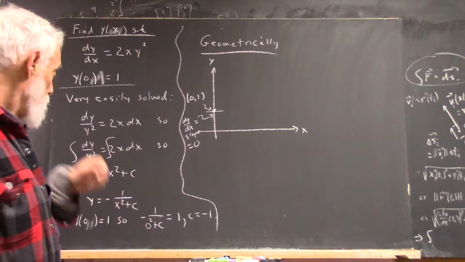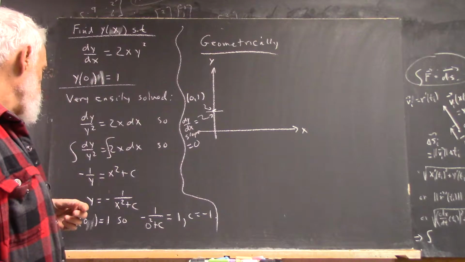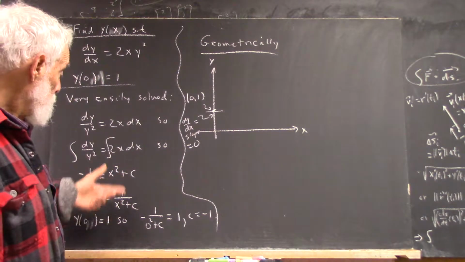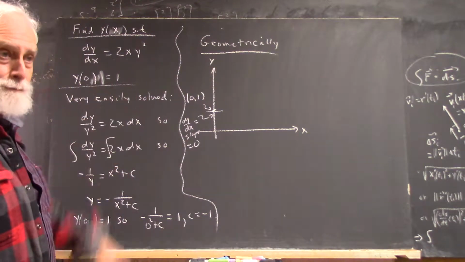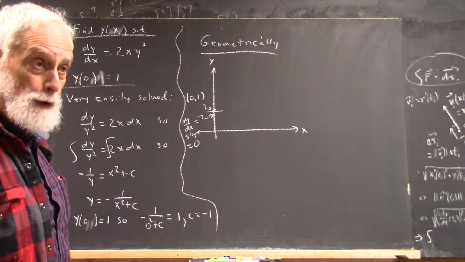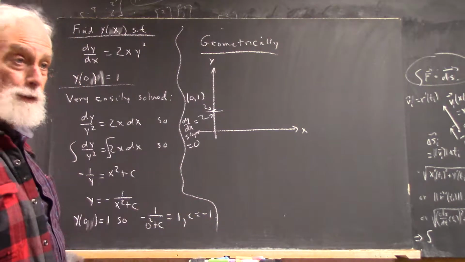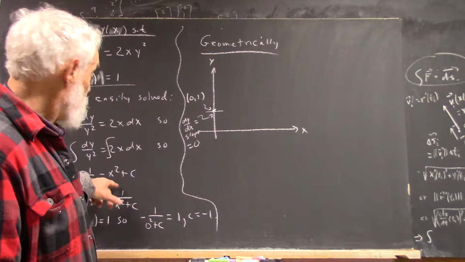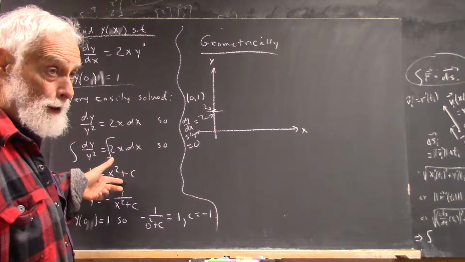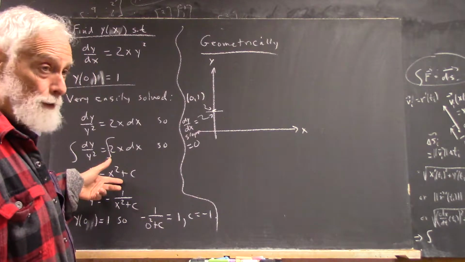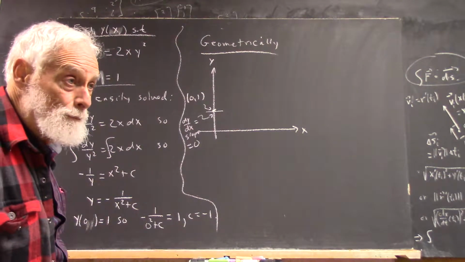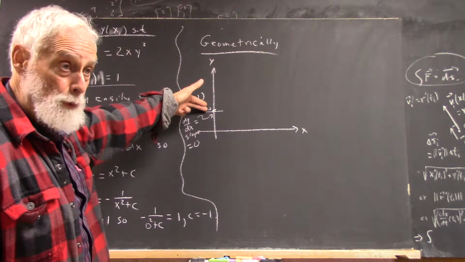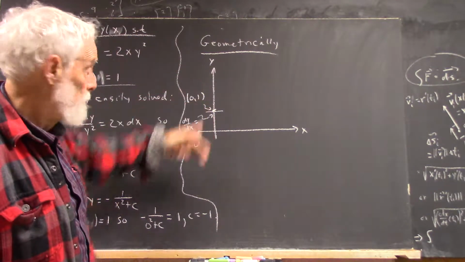If we evaluate the slope at x equals 0, we take the derivative and find that the numerator is 2x, and x is 0, so the slope is 0. The derivative is clearly 0. That checks with what we have here.